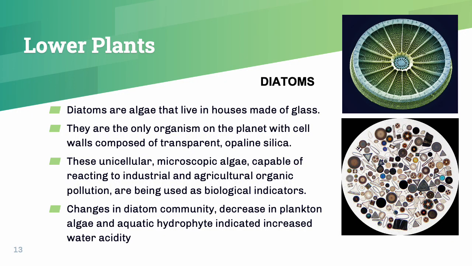Diatoms, okay? So diatoms are algae that live in houses made of glass. They are the only organism on the planet with, of course, cell walls composed of transparent opaline silica. Okay, so these unicellular microscopic algae capable of reacting to industrial and agricultural organic pollution are being used as biological indicators.